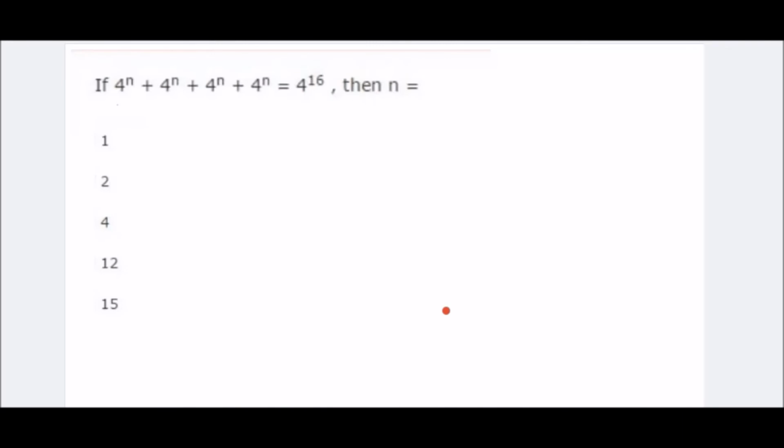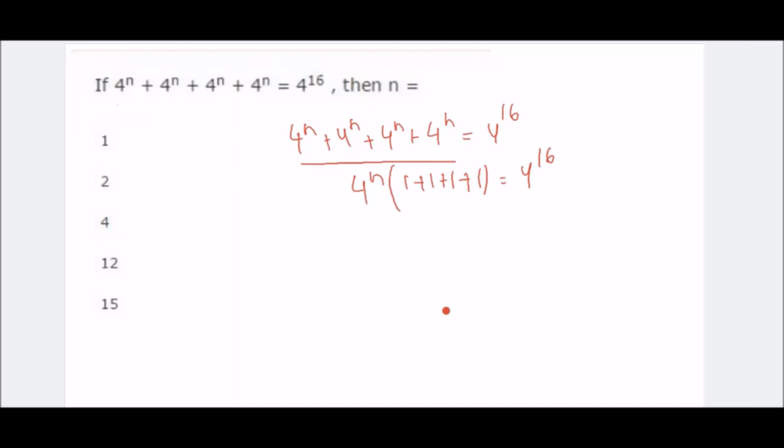If 4 power n plus 4 power n plus 4 power n plus 4 power n equal to 4 power 16, then n equal to what? So see here, 4 power n plus 4 power n plus 4 power n plus 4 power n equal to 4 power 16. So here we will take 4 power n common. We have to find out the n value, right? So 4 power n common, then remaining will be 1 plus 1 plus 1 plus 1 equal to 4 power 16.